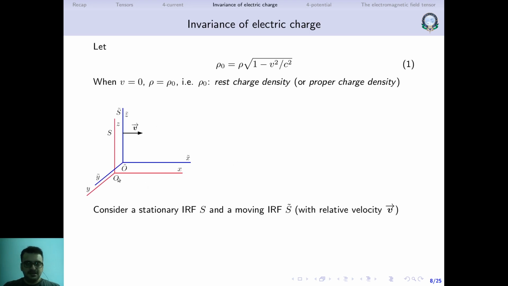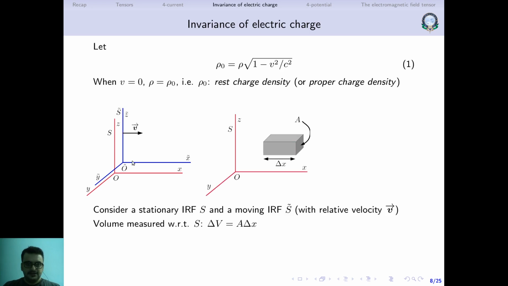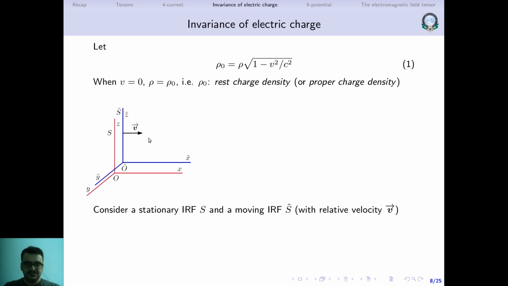So let's consider 2 reference frames, S and S tilde, where S tilde is moving with a velocity v with respect to the stationary frame S. Let's say we have a charge distribution which is distributed over a cuboid, and I want to measure the charge inside this distribution with respect to frame S and with respect to frame S tilde.